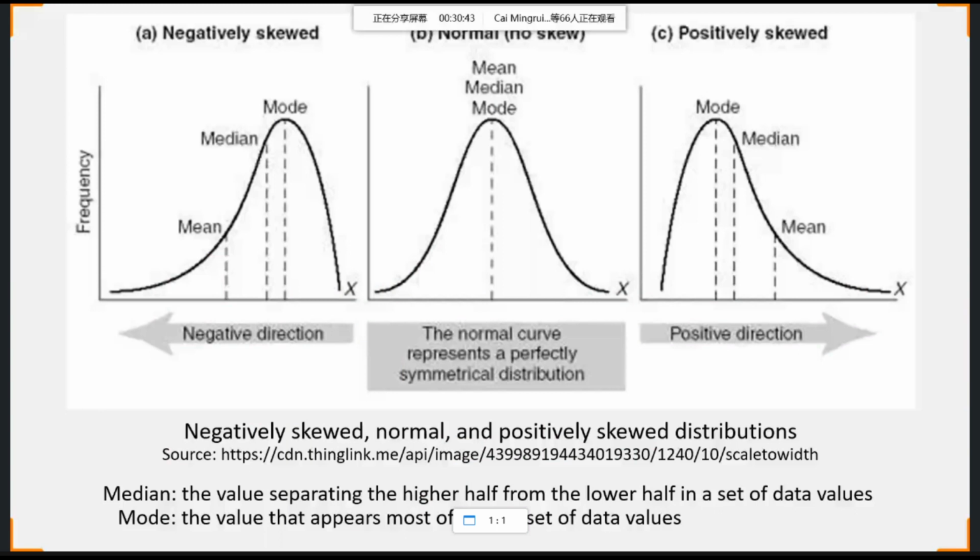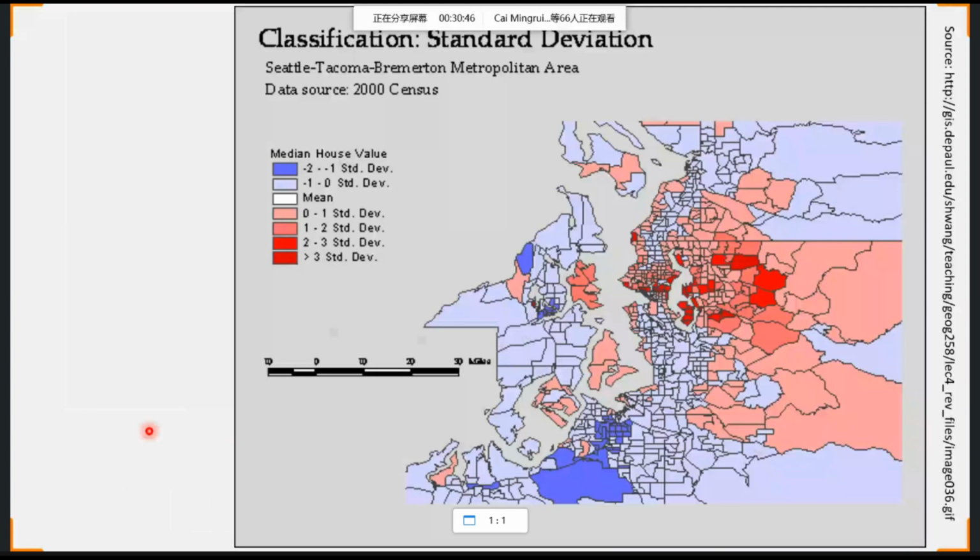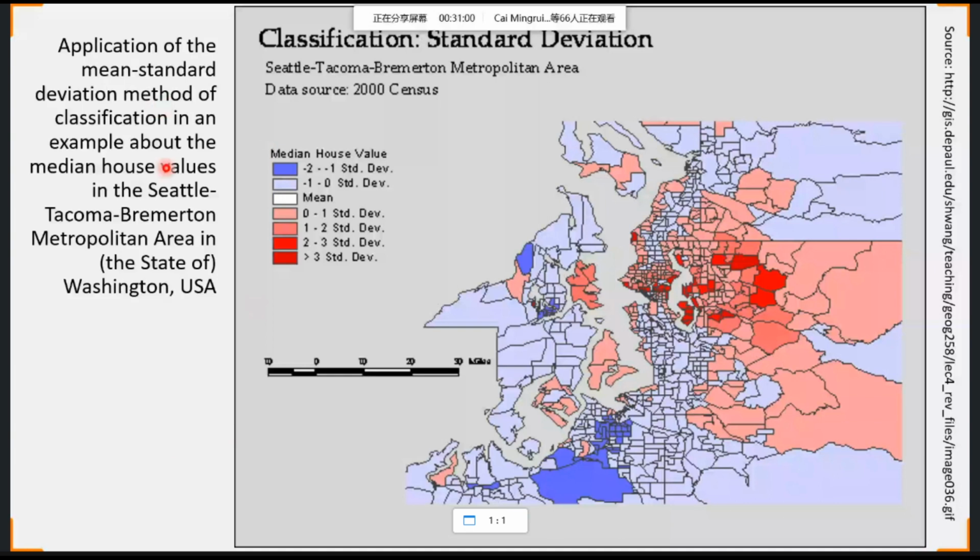Here's another example where you see it works better. Also, as you see, it's not a perfect symmetry. Also not here. This application of the mean standard deviation method of classification is about median house values in the Seattle, Tacoma, Bremerton metropolitan area.